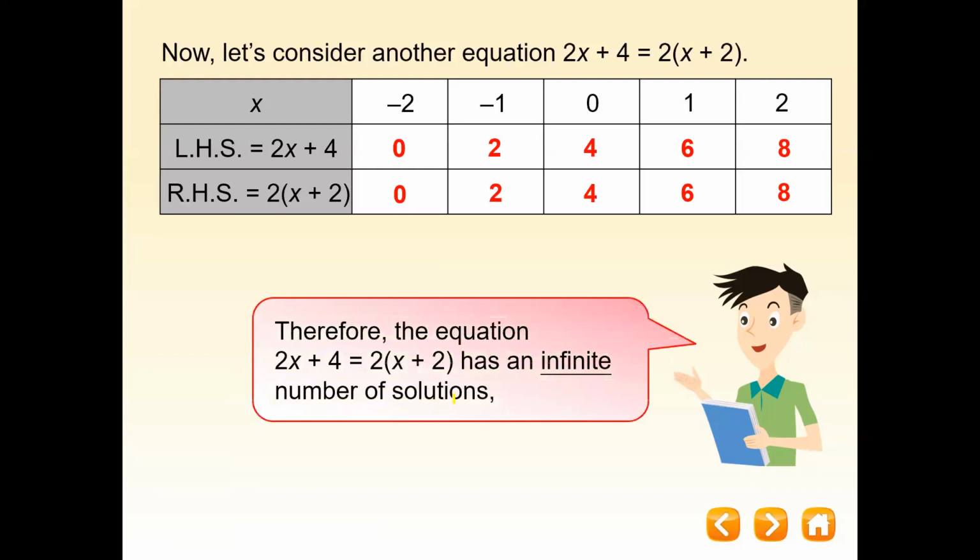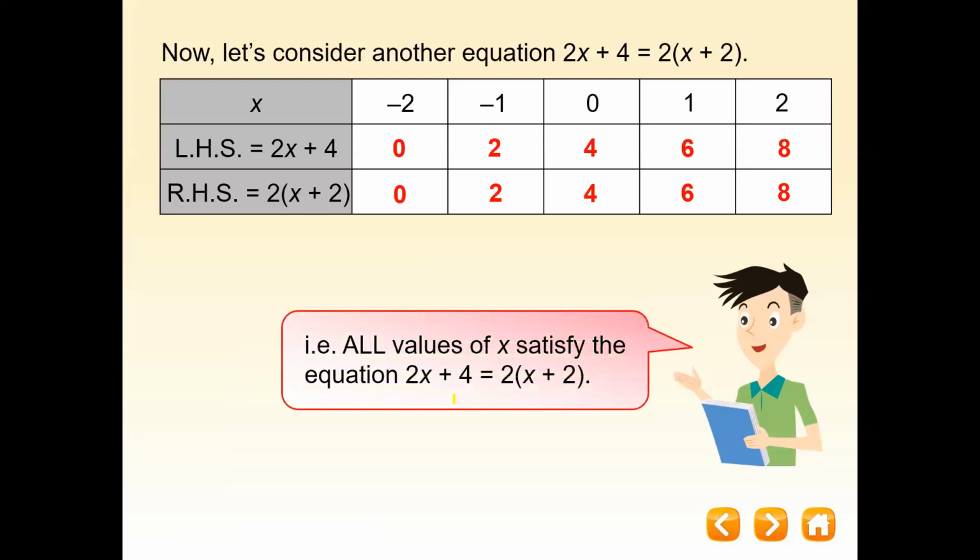Therefore, the equation has an infinite number of solutions. That is, all values of x satisfy the equation 2x plus 4 equals to 2 times brackets x plus 2.